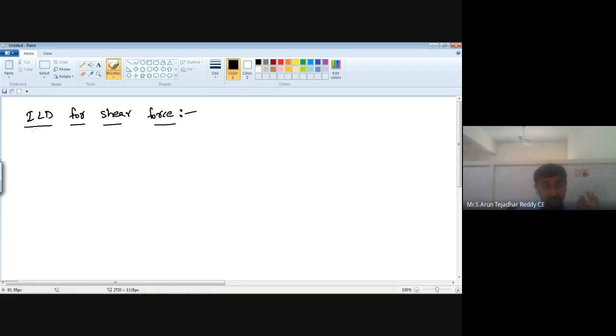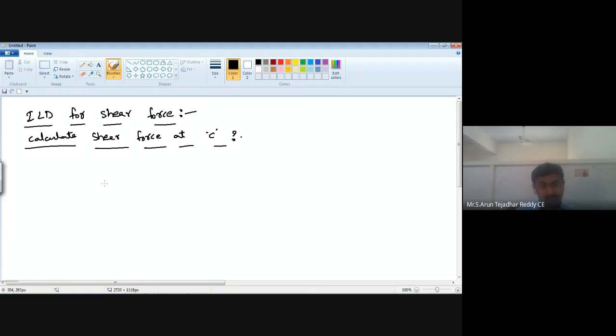In that, calculate shear force at C. This is our question. Already we have calculated reactions in the previous class. This is the continuation part of shear force at C.